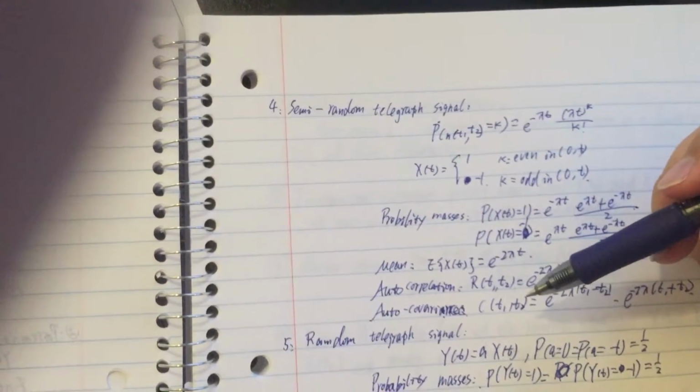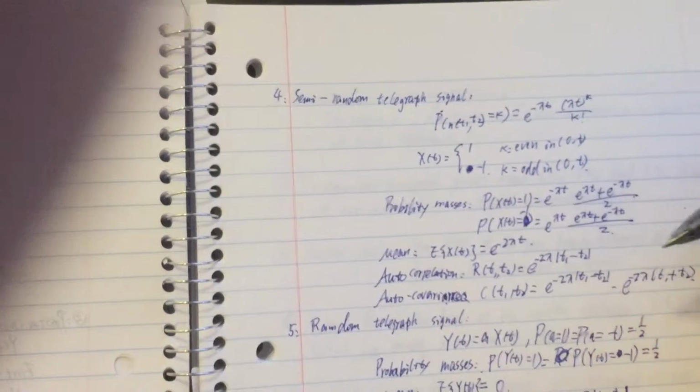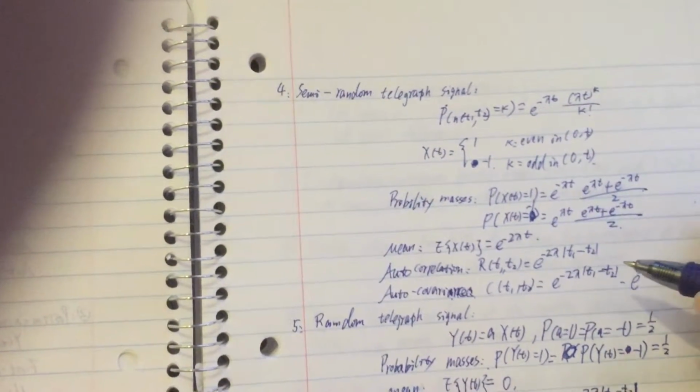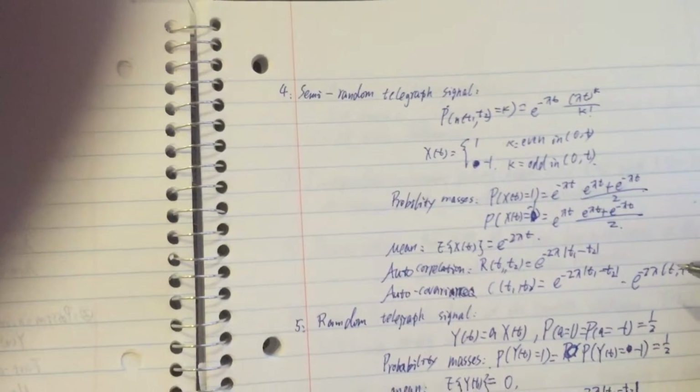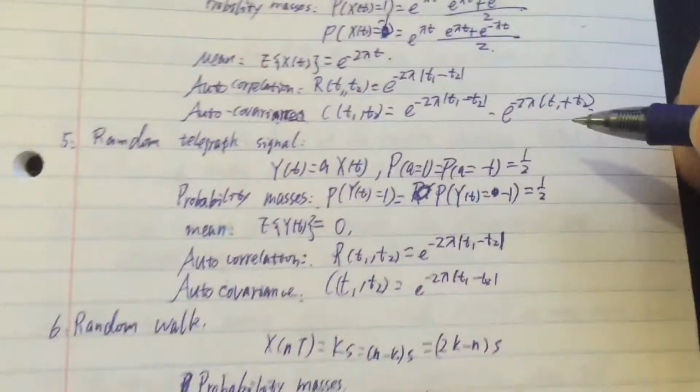And the autocovariance is C(t1, t2) equal to e to the -2 lambda times the absolute value of t1 minus t2 minus e to the -2 lambda times (t1 plus t2). Oh, here, t1 plus t2.